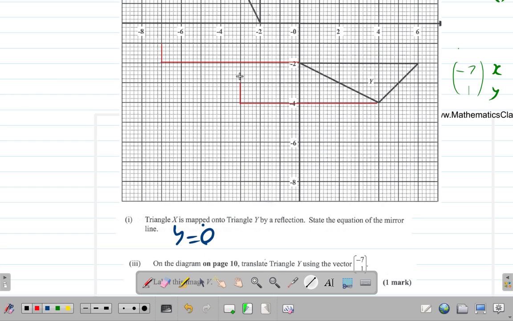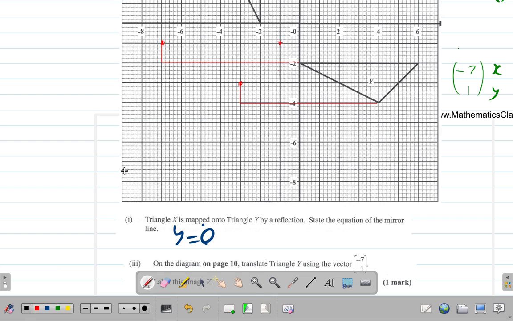So far, we have 2 points. We have this, and we have this. We need the third point. From here, you go 1, 2, 3, 4, 5, 6, 7 to the left, and 1 up. So you see the 3 points there.